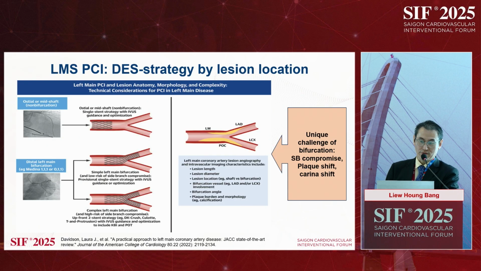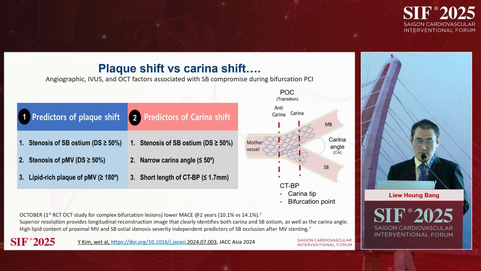The unique challenge of the bifurcation is side branch compromise, either from plaque shift or carinal shift. Some of these actually give us insight from imaging, so we may see this information and therefore adjust our strategy. There are predictors for plaque shift and carinal shift.